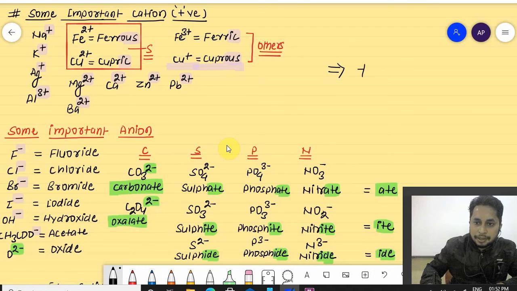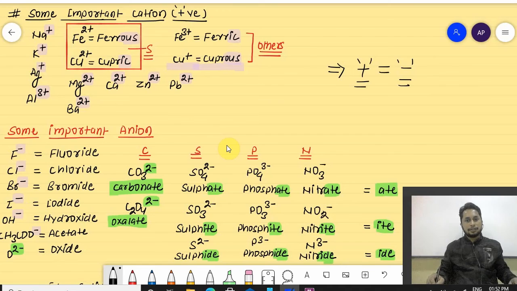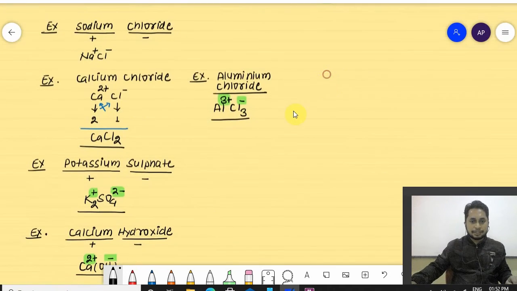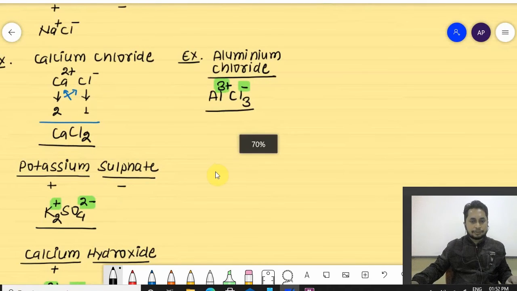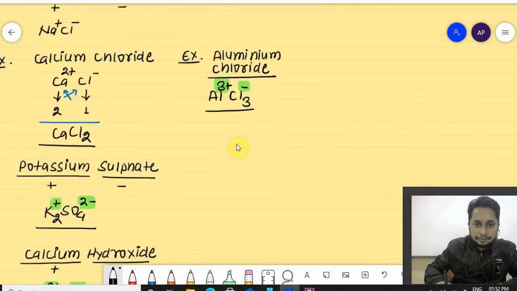Charge will always be balanced. Positive charge is equal to negative charge; the magnitude of positive charge is equal to the magnitude of negative charge. And to balance the positive and negative charge in equilibrium, for that only we cross multiply the charge. Suppose you look at aluminium chloride: here we have one aluminium and 3 chloride. Aluminium has triple plus and Cl3 by cross multiplication.